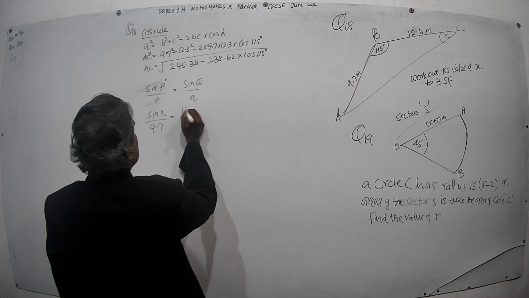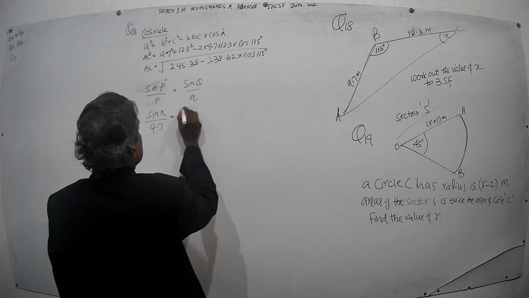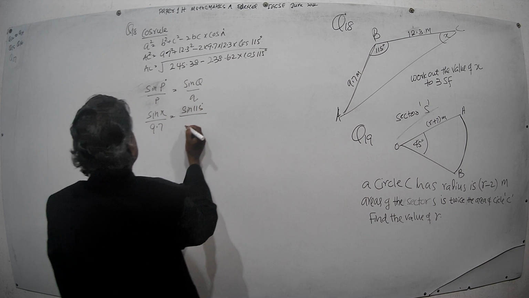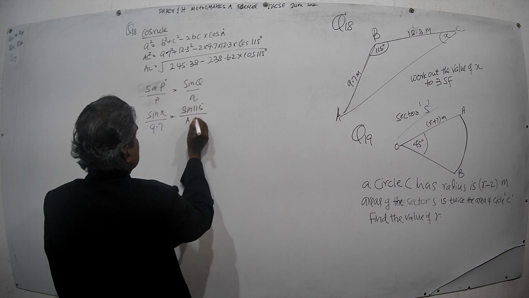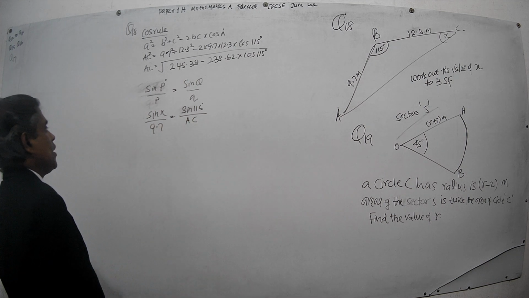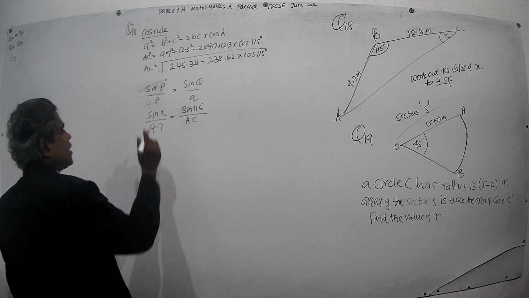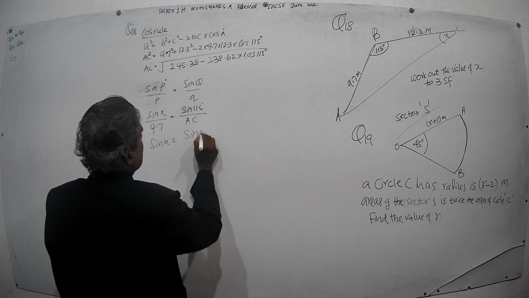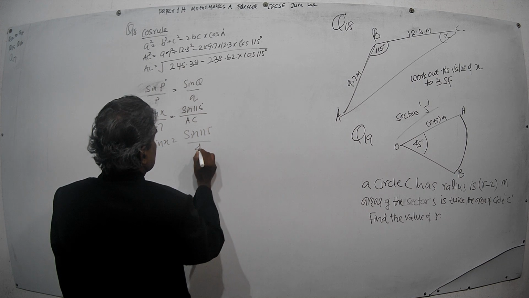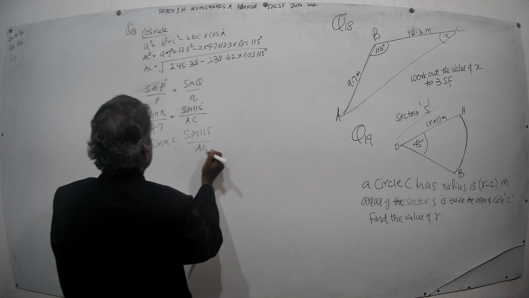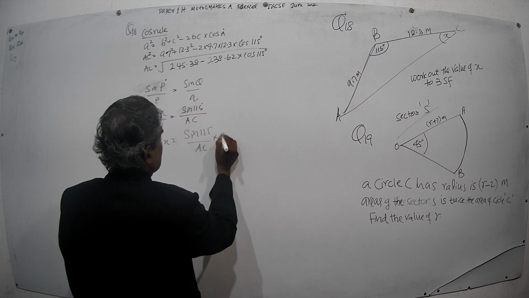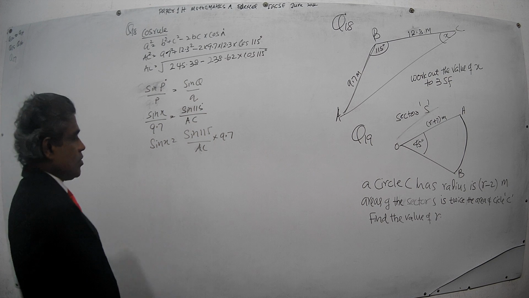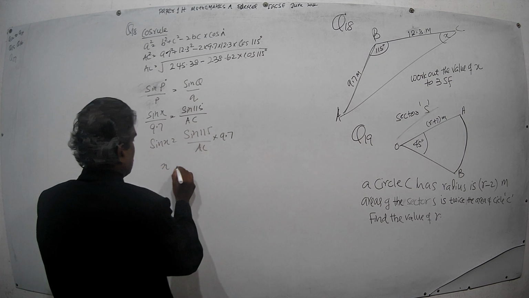Then we want to find x. So sine x over 9.7 equals sine 115 over AC, and sine x equals sine 115 into 9.7 over AC. Then x equals sine inverse of this whole thing.